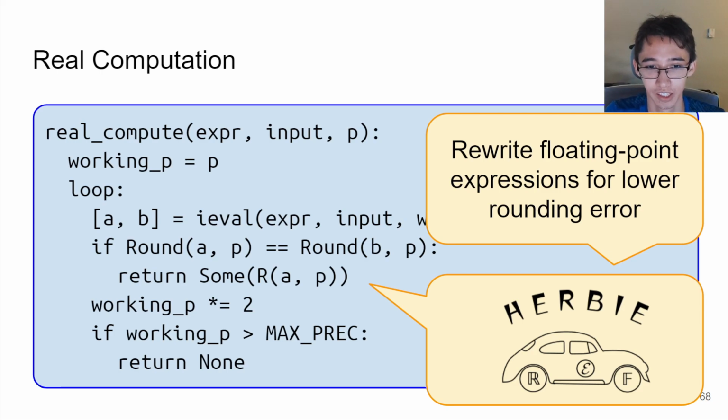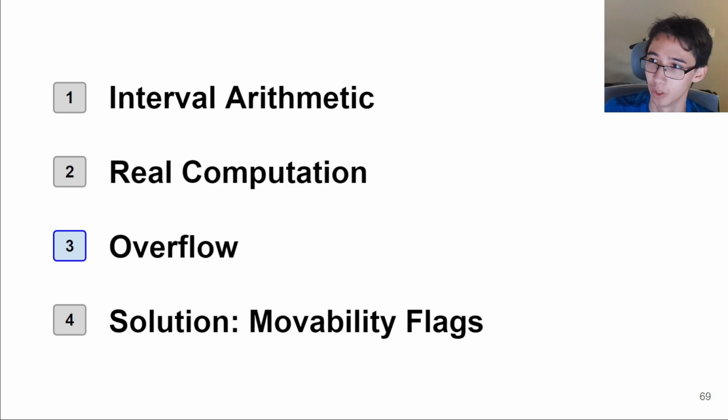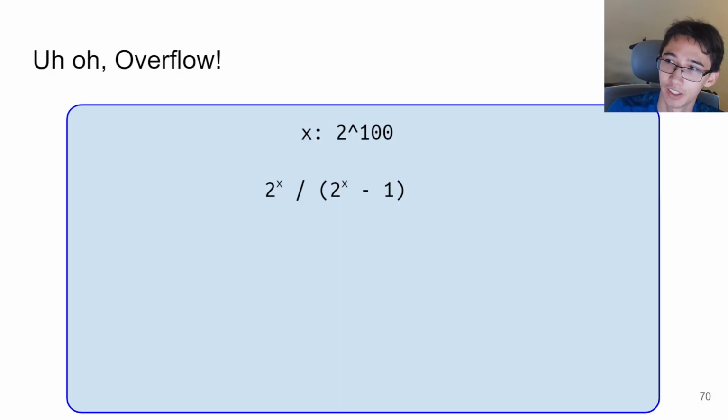Yeah, interestingly, we ran into a big problem when using this algorithm in Herbie, and that is the problem of overflow. So in Herbie, we are getting expressions from the user, and we're trying to sample them and get their accuracy on input points. Here I have an example which is slightly modified from Herbie's benchmark suite.